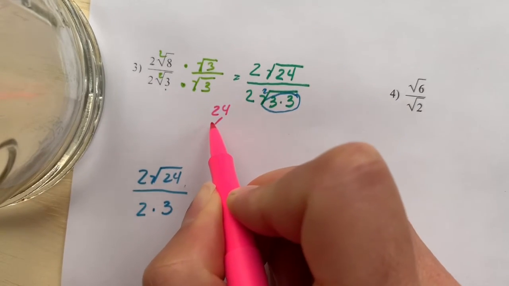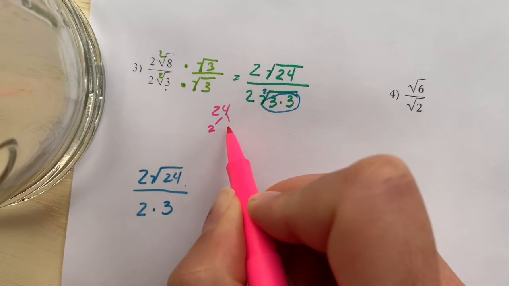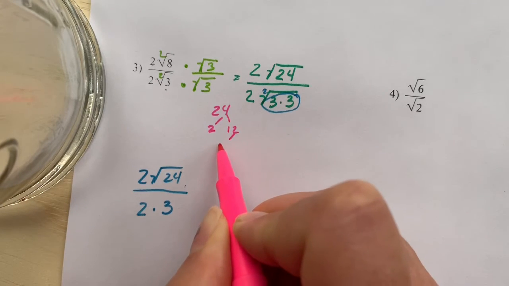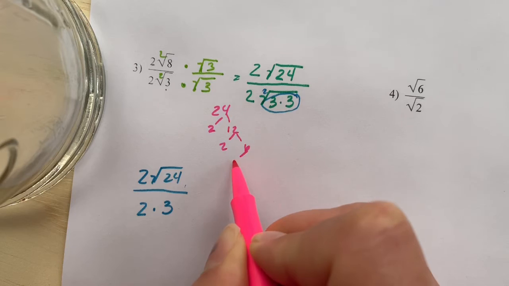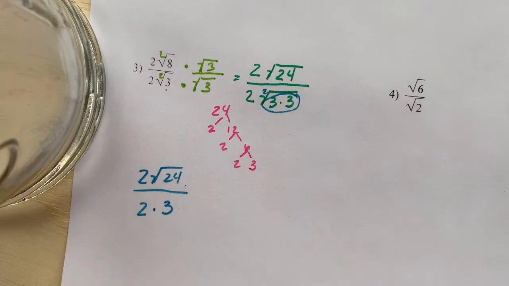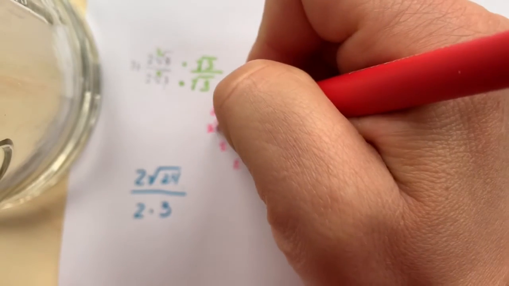24 is an even number, so it can be divided by 2. And 12 is also an even number, and so is 6. Now remember, I need groups of 2 to break it out. So I have a group of 2.